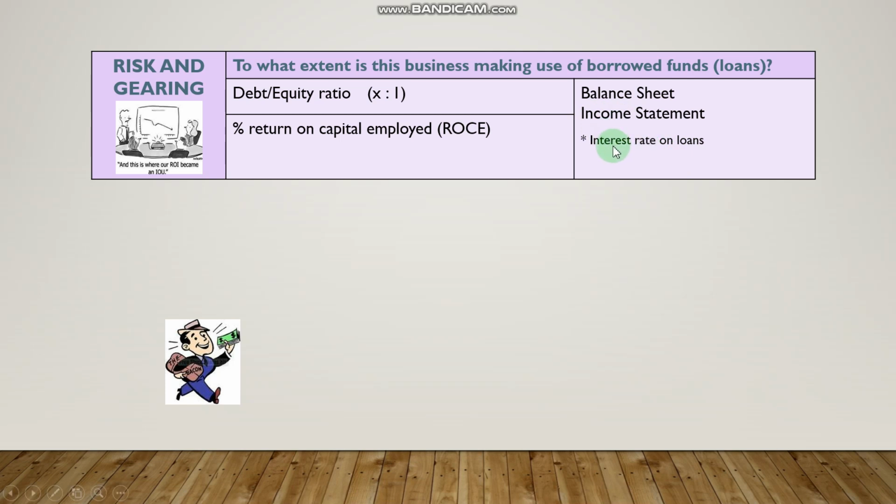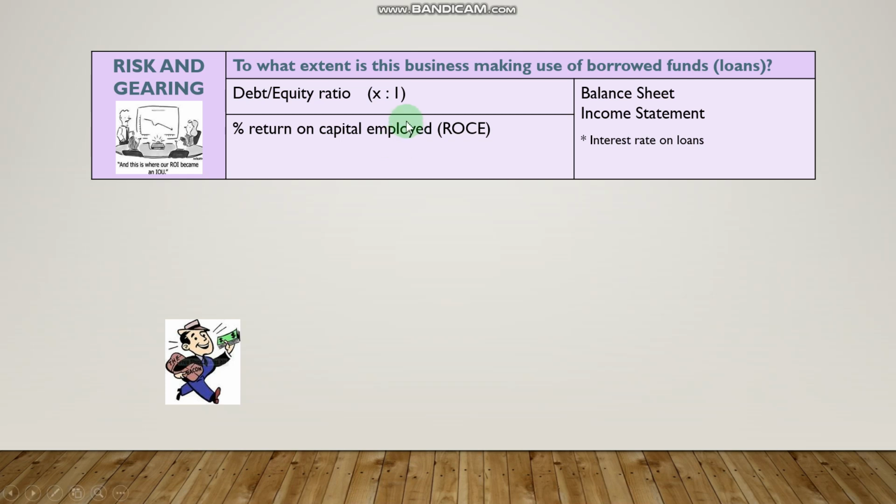Positive gearing means I have made effective use of the loan. I use the loan in a constructive way to increase my profitability in the business. I am now able to pay the interest and to show a positive balance on my profitability.